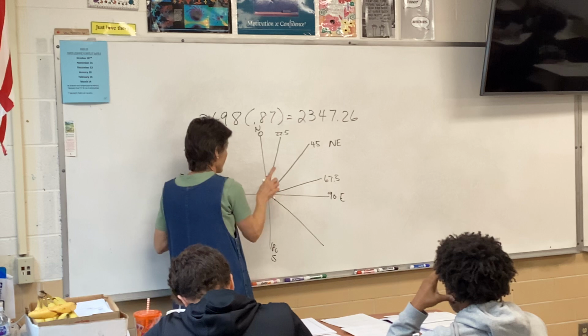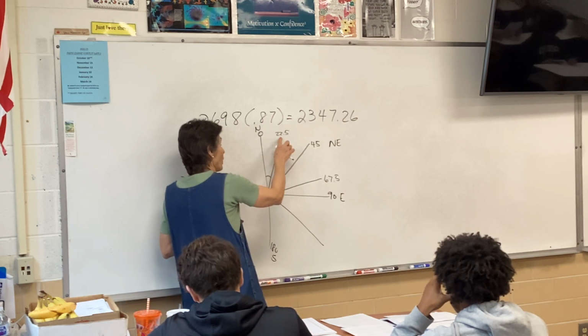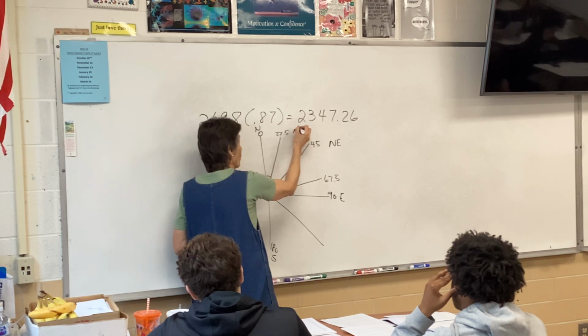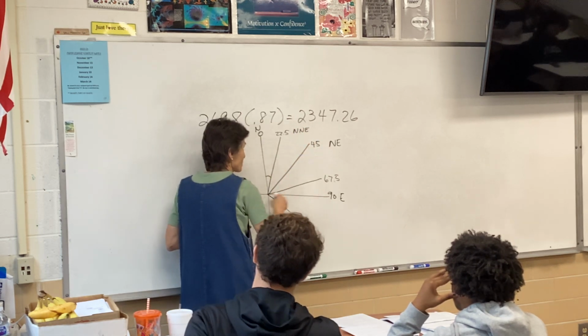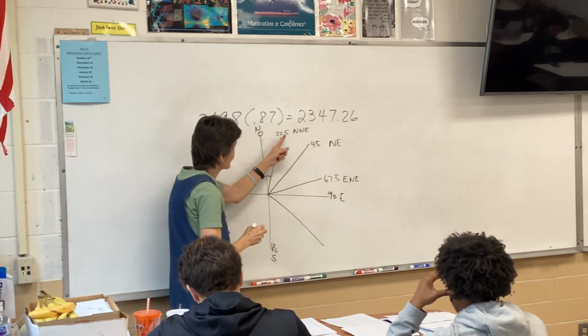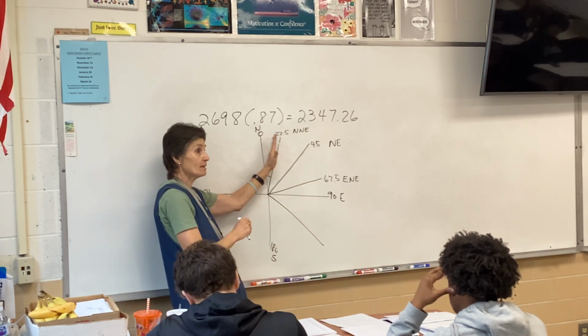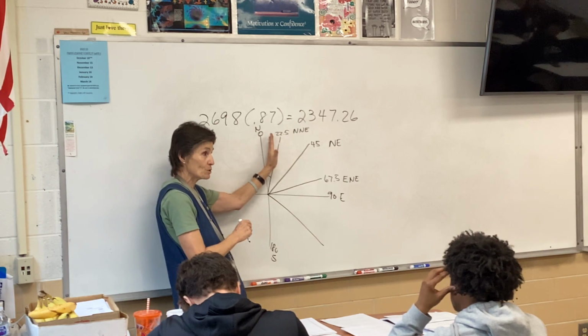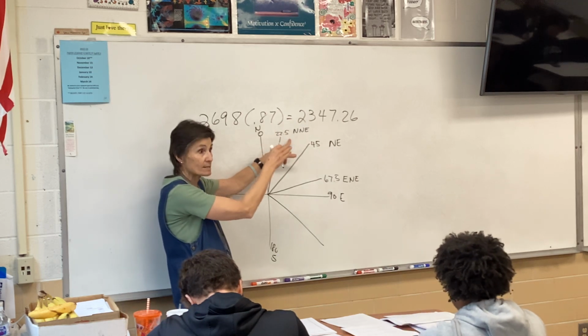This line right here, this is northeast, right in the middle is northeast. This one is called north-northeast, and this one is called east-northeast, because this one is on the north side of the northeast. It's in between north and northeast, so it's called north-northeast.